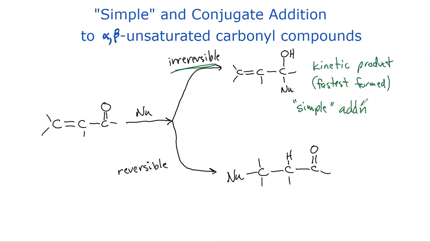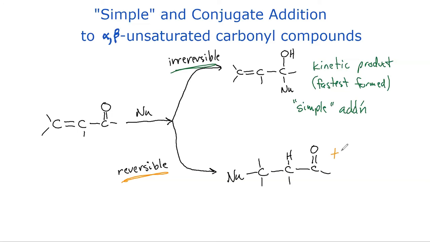If, on the other hand, we have a nucleophile that's capable of reversible addition, it can pick and choose. It can add to the carbonyl carbon itself, try out the kinetic product, and then back off, go back attached to the beta carbon, which is slower, but actually produces a more stable product.